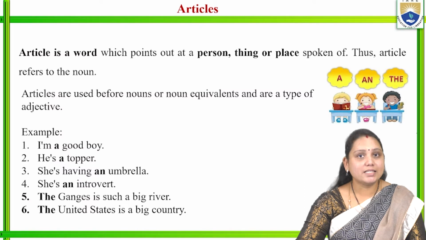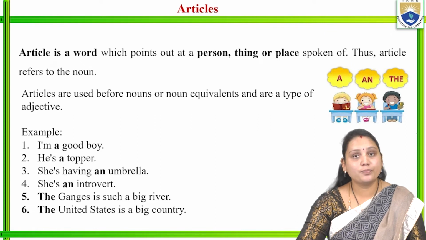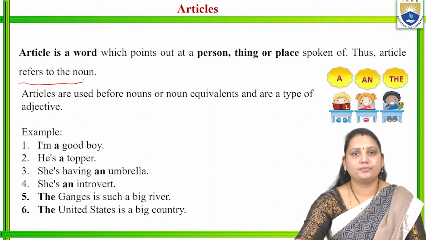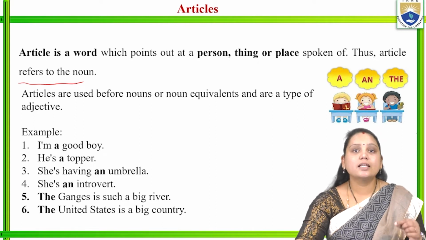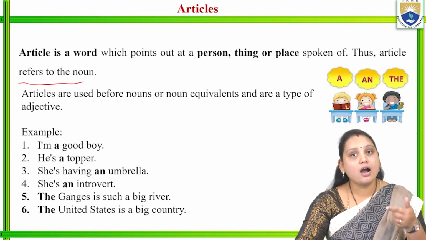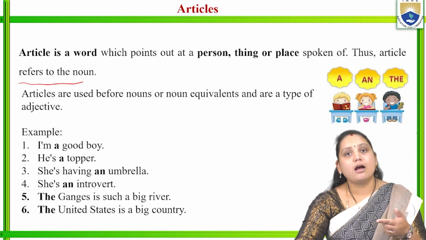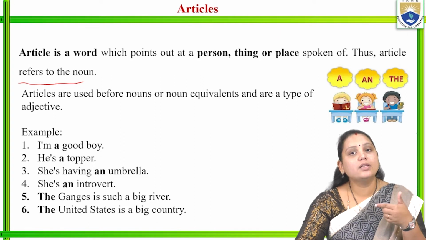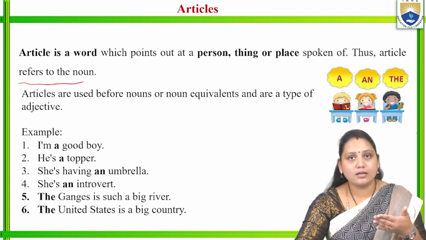Now, an article is a word which points out a person, thing or place spoken of. Thus, an article refers to a noun. So, articles will point out the position of the person, a man, a woman, or anything or a noun.